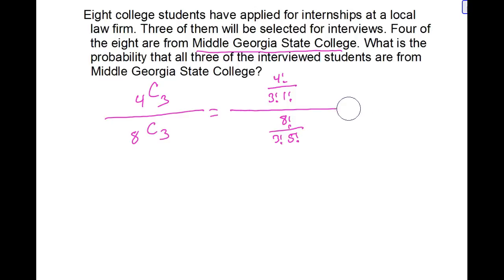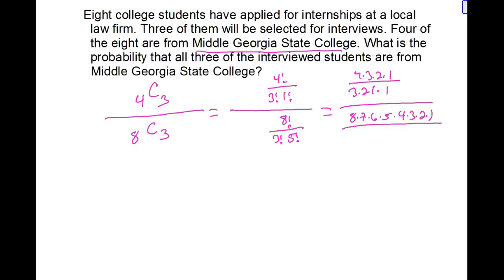Well, whenever I do solve out the numerator, this is going to be 4 times 3 times 2 times 1 over 3 times 2 times 1 times a 1. The denominator is going to be 8, 7, 6, 5, 4, 3, 2, 1 over 3 times 2 times 1 times 5 times 4 times 3 times 2 times 1.